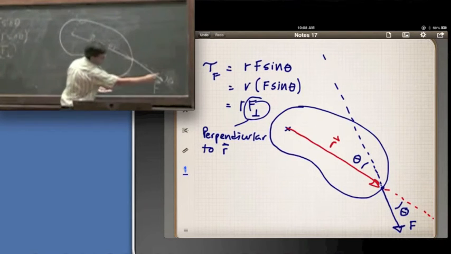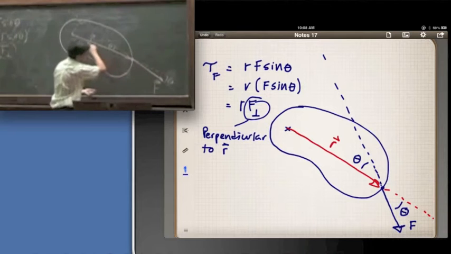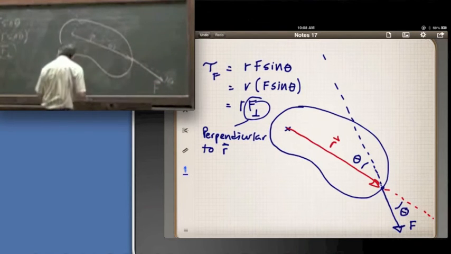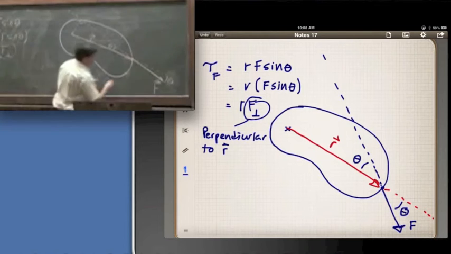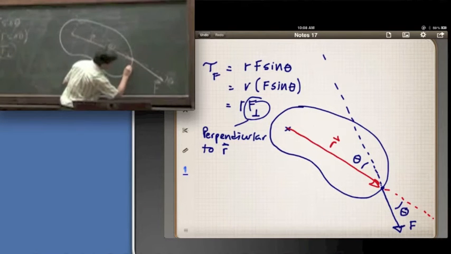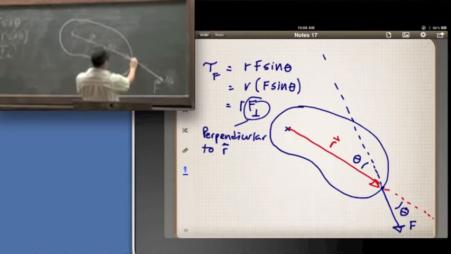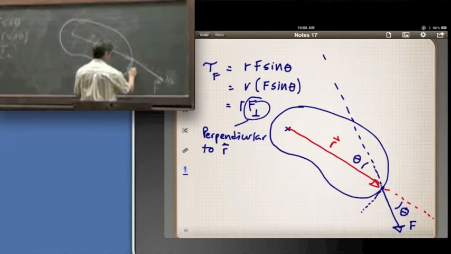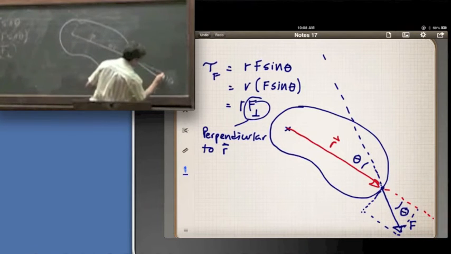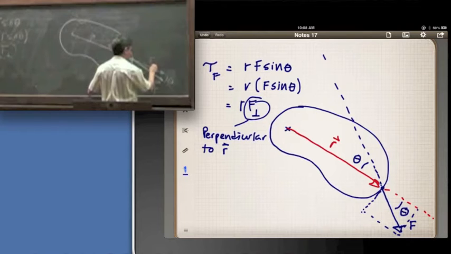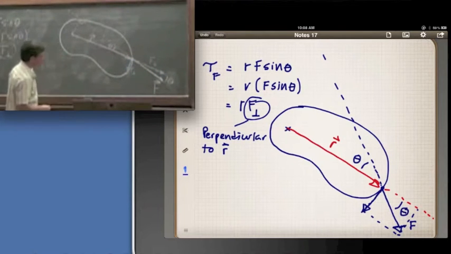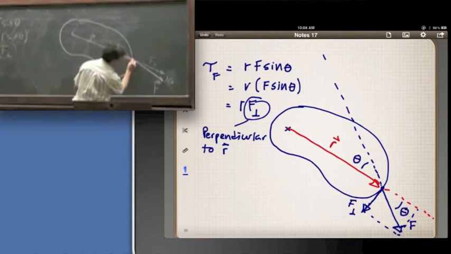F has two components with respect to r, with respect to this line. One component that is perpendicular. This is F perpendicular. And a component that is parallel. Let me do the force in blue also.